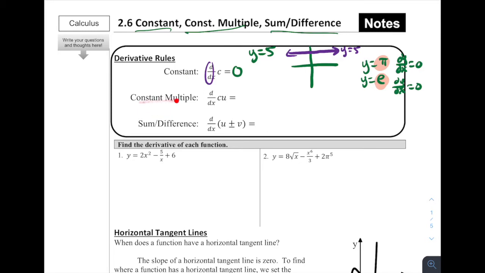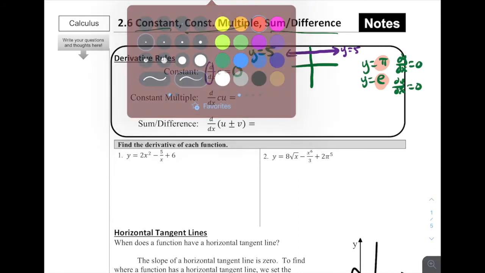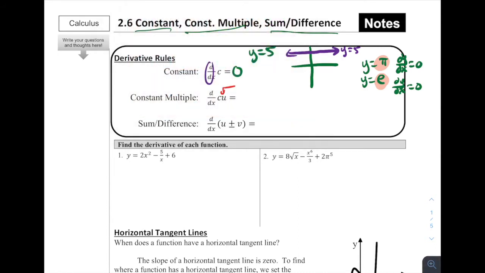Next, so we did constant. Next we have what's called the constant multiple rule. I have the derivative with respect to x of some c value times a function u. We're going to say that u here is some function that we don't know. So u is a function, but c is a constant, and that's important.